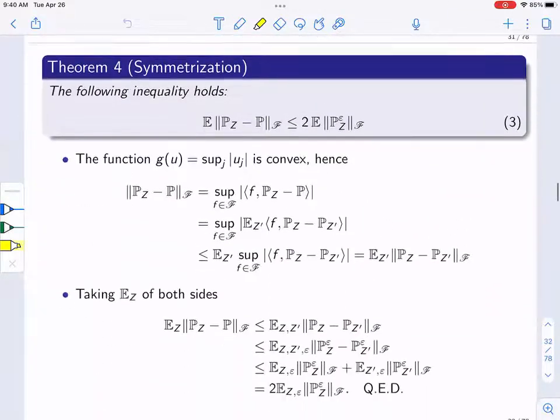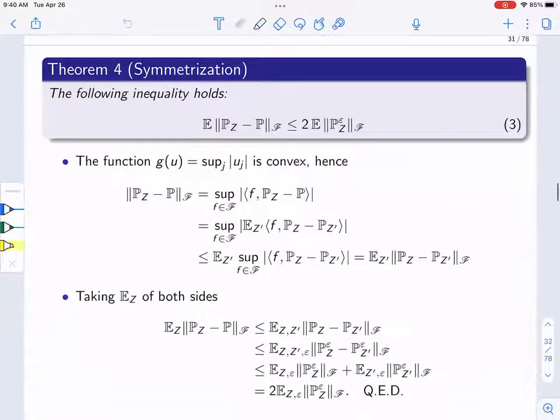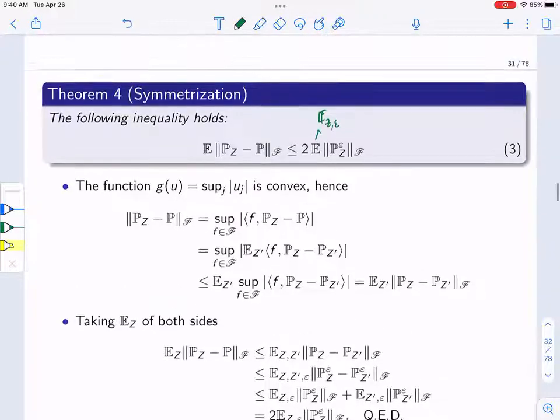So that's the new version that I have. I just removed the Z and epsilon that I had there. When I don't put Z and epsilon here, it's just expectation with all the randomness. Okay, so we want to control this. This is just expectation with respect to Z and epsilon. So what we want to control is.